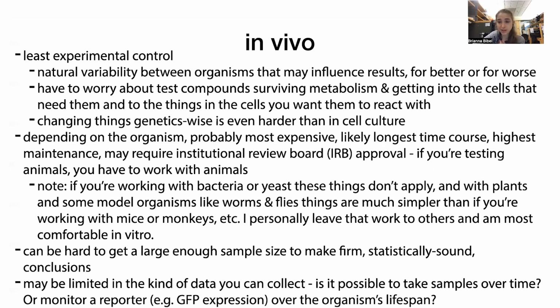You can actually study the plant that you want, or things like bacteria, yeast, that sort of thing. But remember, if they're single cell, it's the same as in cells. Okay, but in vivo, you have the least experimental control. There's natural variability between organisms, and this may influence the results for better or for worse.